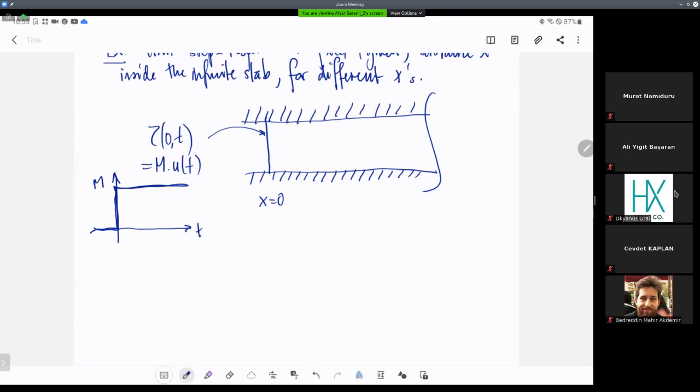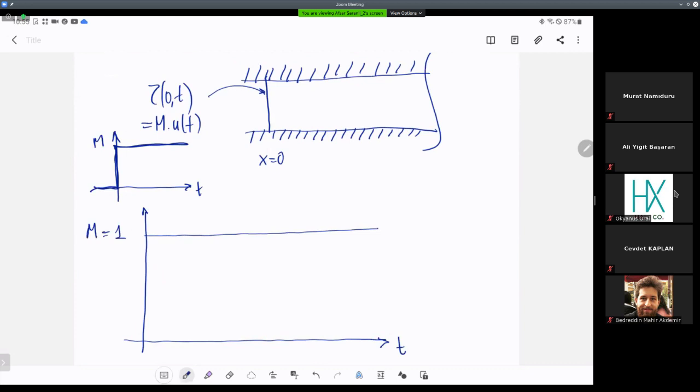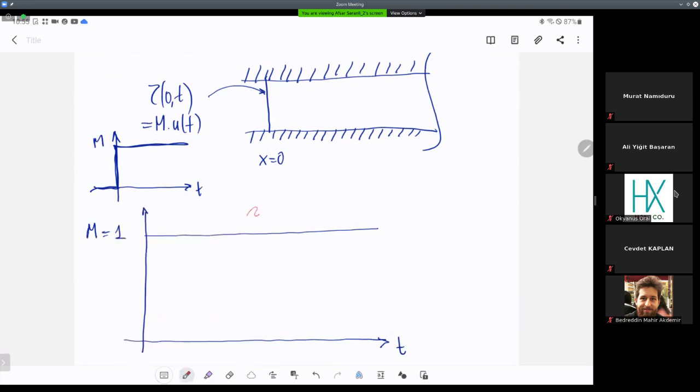Okay, so what I want to sketch is this as a function of time. Basically, let's say m is 1. For different x's I have different functions of time.